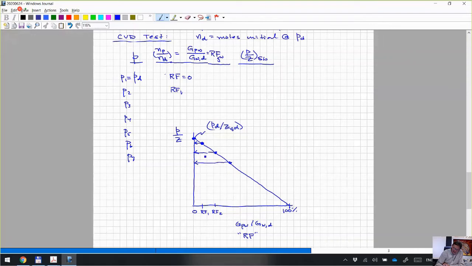Okay, so that's P over Z 1, P over Z 2, P over Z 3. And then they know the pressure at each stage, so they calculate Z factor 2, the two-phase Z factor, as the actual pressure in the CVD test over this P over Z straight line. So whatever Z they need to put it on the straight line, they get it.